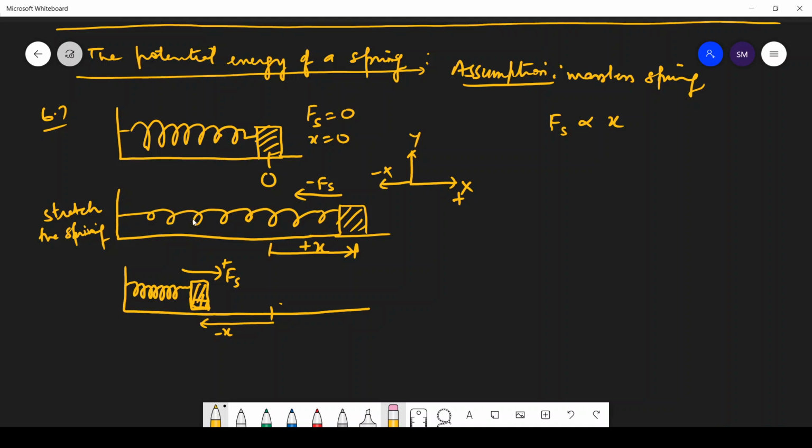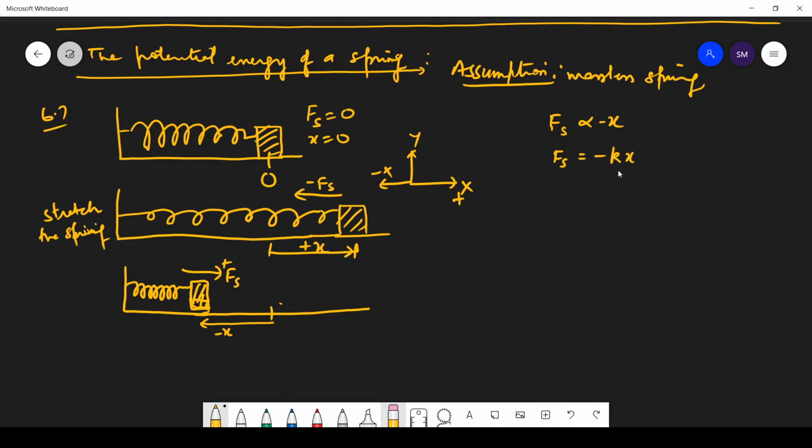So you have only seen simple springs, but we can have springs of all kinds, like shockers in your cars. They also have springs. So students, the force is directly proportional to the displacement, and it is negative. Both are in opposite direction, and the constant of proportionality, the spring constant, is minus k.